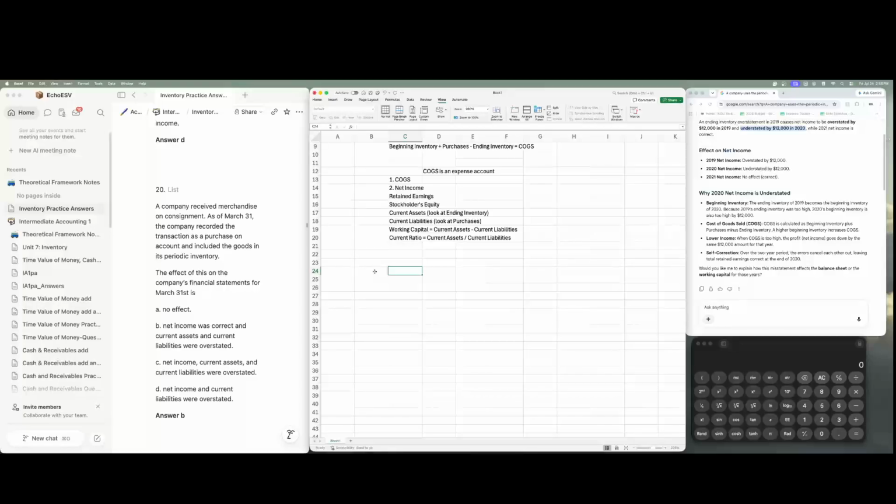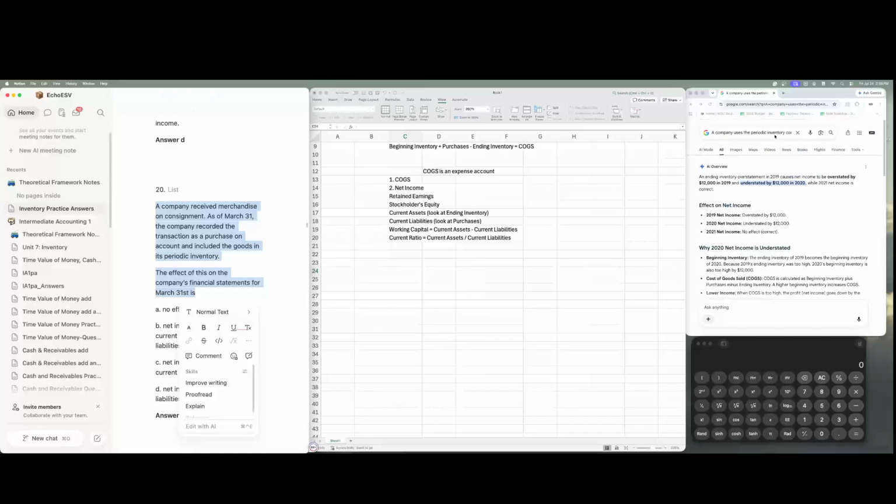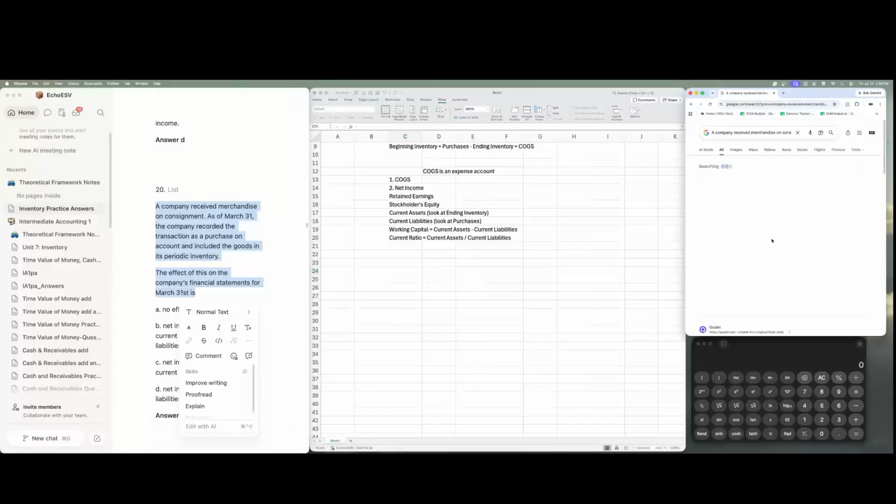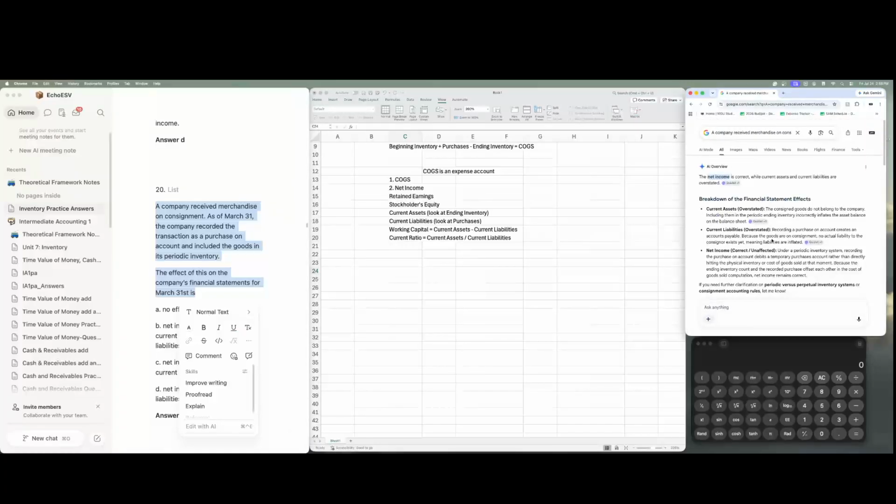They recorded the transaction as a purchase, but they don't actually own that. So if a company includes the goods as inventory, that's incorrect because it's on consignment, because they don't actually own that.